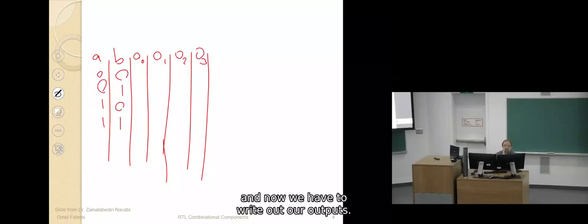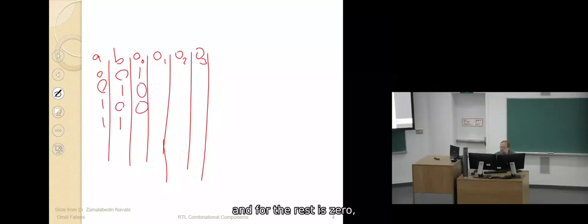And now we have to write our outputs. O0 is 1 when the input is 0, and for the rest of the possible combinations, 0. So only for 0 0, O0 is 1.